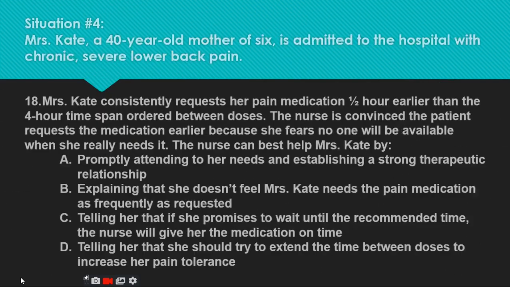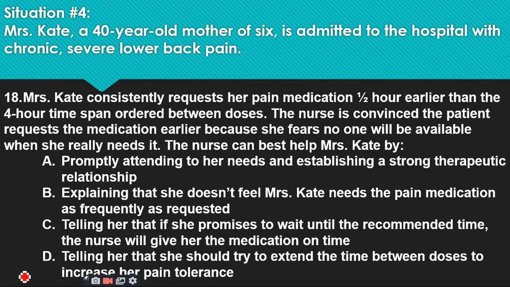Let's now have question number 18. Mrs. Kate consistently requests her pain medication a half hour earlier than the 4-hour time span ordered between doses. The nurse is convinced the patient requests the medications earlier because she fears no one will be available when she really needs it. The nurse can best help Mrs. Kate by A. promptly attending to her needs and establishing a strong therapeutic relationship.